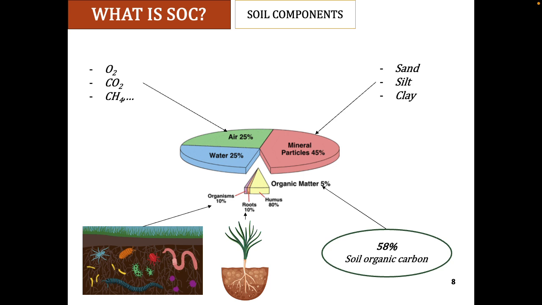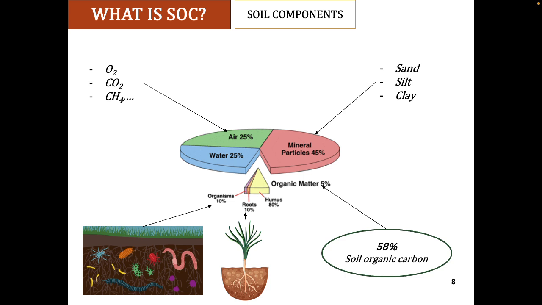There are the organisms, so we have earthworms, nematodes, fungi, bacteria. We also have the roots for the 10%, the roots of different plants, and then 80% is composed of humus.